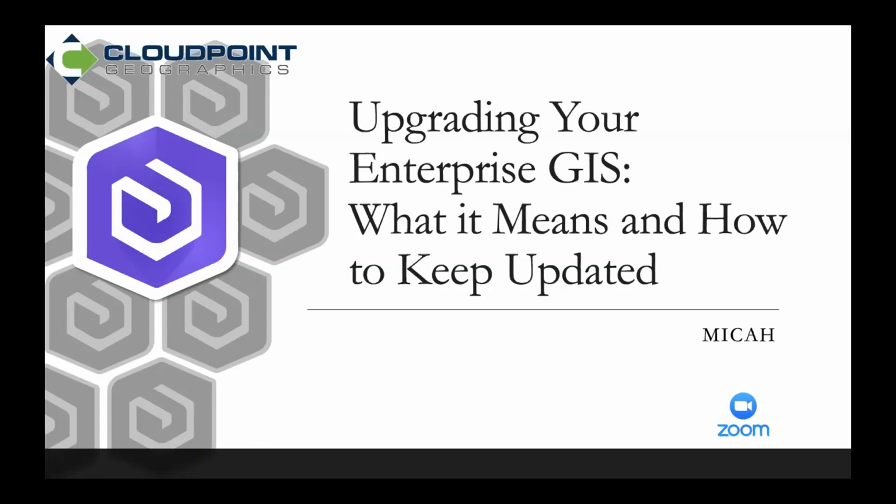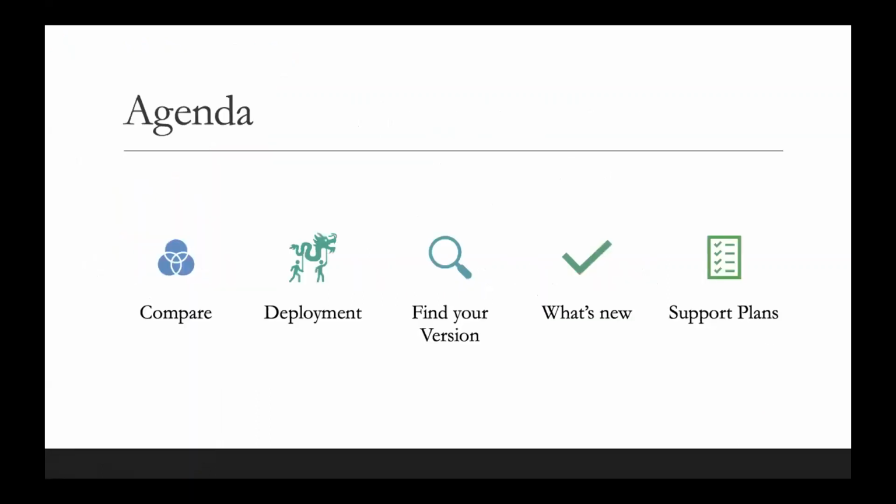We're going to compare and contrast ArcGIS Online to ArcGIS Portal. We're going to talk about some of the deployment tools that you can use, some ideas. I'm just going to talk about it in normal language. I'm not going to use a lot of Esri's terms.